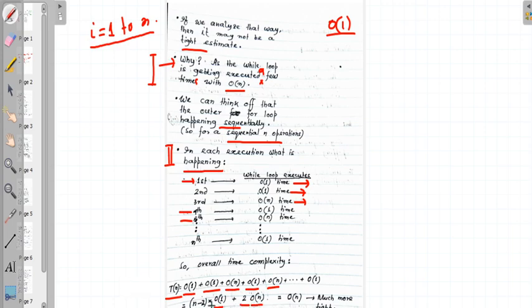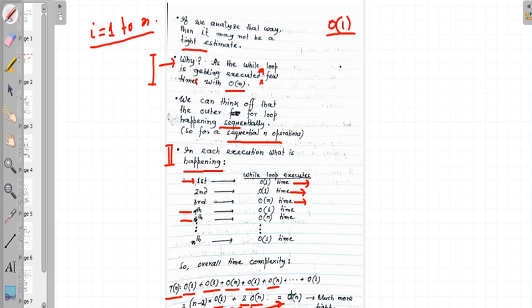So n minus 2 times order of 1 will be order of n, plus 2 times order of n, where 2 is subsumed inside order of n, so it will be again order of n. So then it will be order of n plus order of n, and in that case it will be order of n, right?